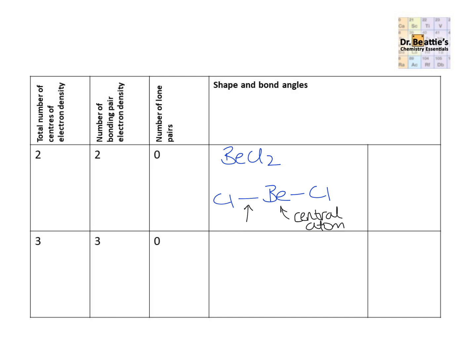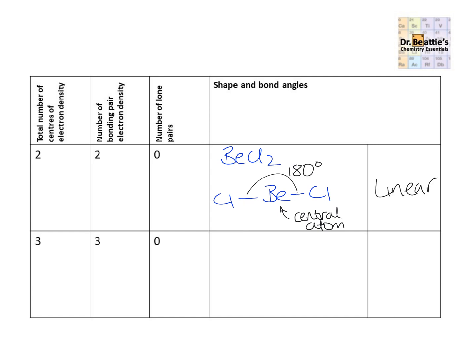And our second is here. So we've got 2 areas of electron density around the central atom, 2 of which are bonding pairs. There are no lone pairs, and the shape that this produces is known as a linear shape. The angle across the central atom, so this Cl-Be-Cl bond angle, is 180 degrees.